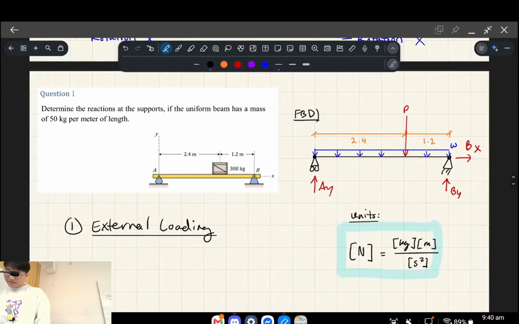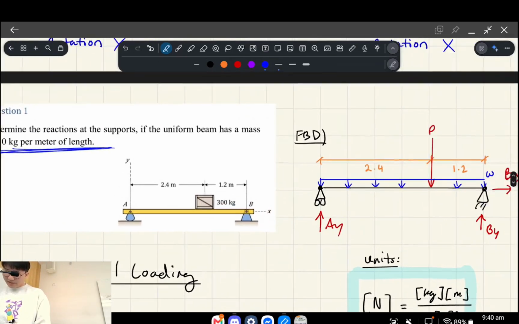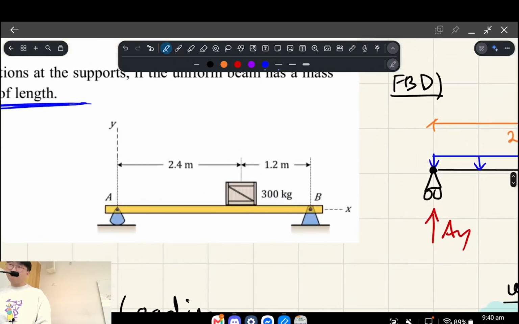We've got a simply supported beam, which has a crate on it, and we also have to consider the self-weight of the beam, okay? So let's see what that all looks like. The first thing to note is how we represent things mathematically doesn't always look like the way that it physically is, okay?